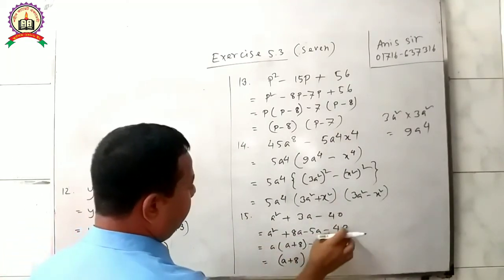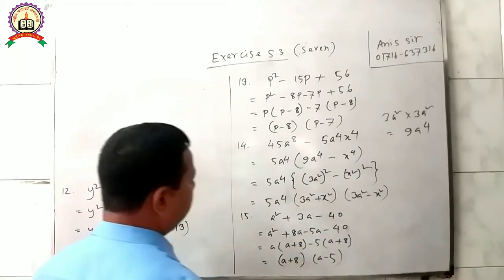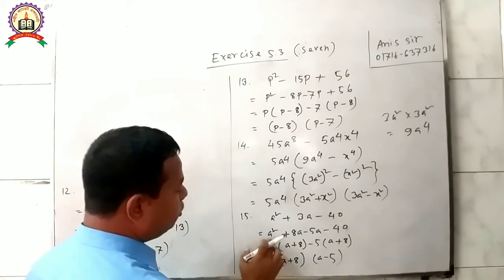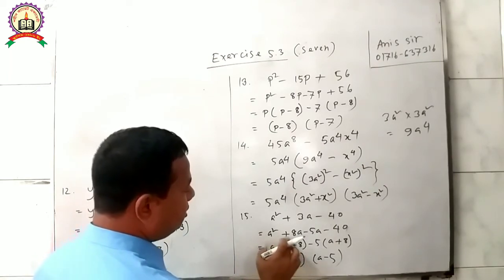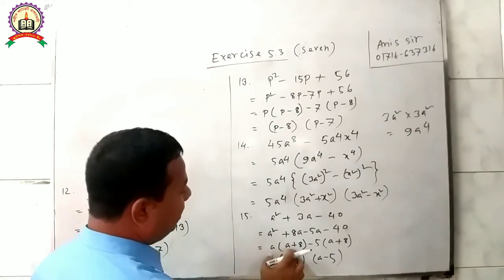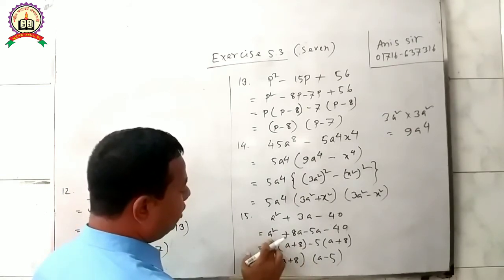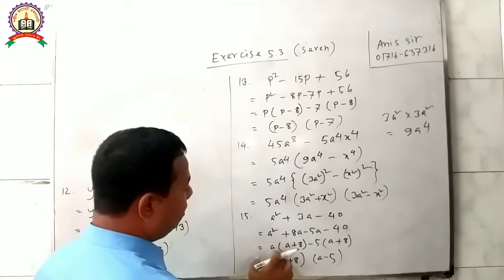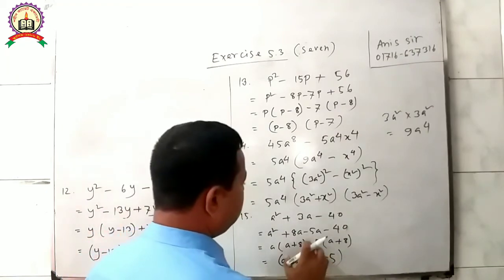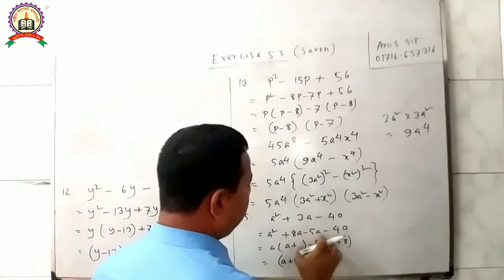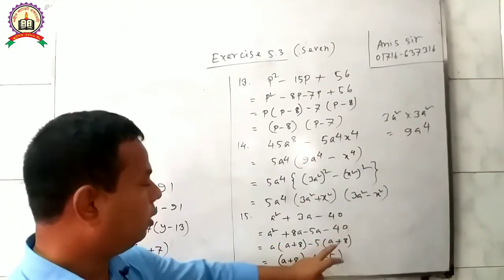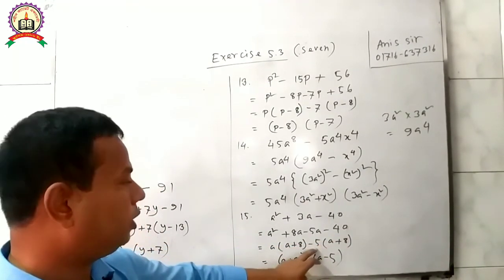Now there are two pairs, first pair and second pair. In the first pair, we can take a as common, because a is common in the two terms, a square plus 8a. Taking a as common, we get a plus 8. In the second pair, 5a minus 40, we get 5 as common in the two terms.